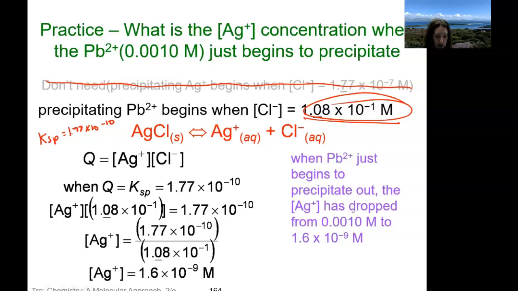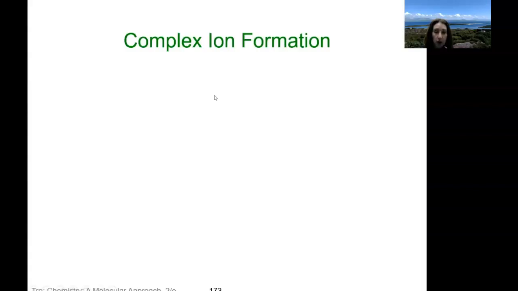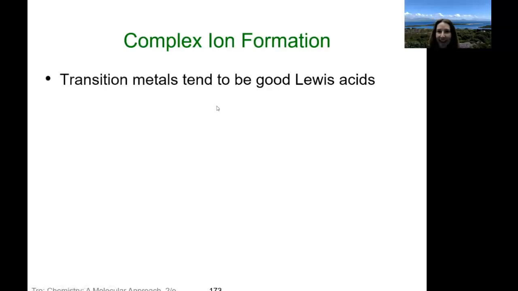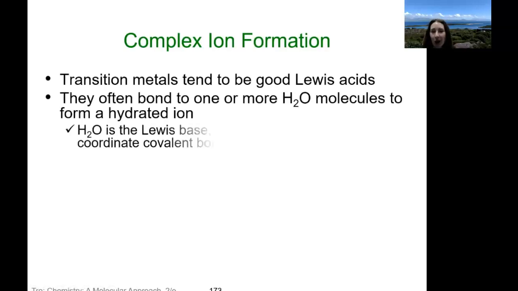Okay, so that's KSPs, and we did molar solubilities last time. So now we're going to do some complex ions, a little now, and then more complex ions in another module also. Complex ions are something we've been dealing with in lab for a while now. It's all these transition metals.